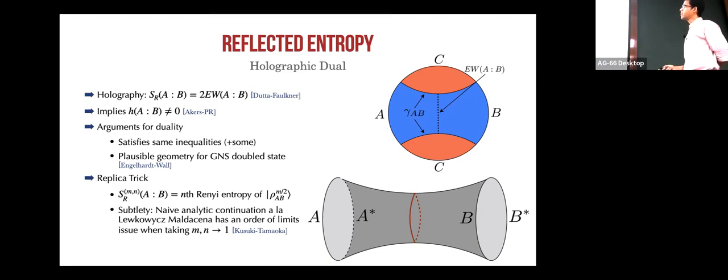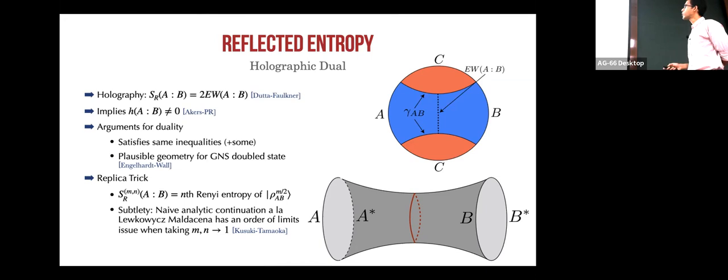Now, in order to analytically continue this, eventually what we want to compute is the n and m to 1 limit. And you want to do some sort of analytic continuation to be able to do that. The way Faulkner and Dutta did this was to first consider analytically continuing in m. When you take m to 1, you basically land on this geometry.